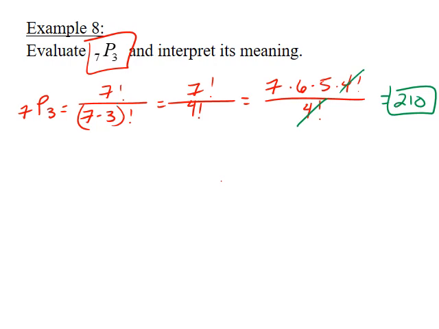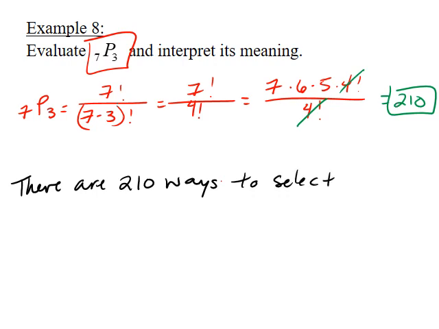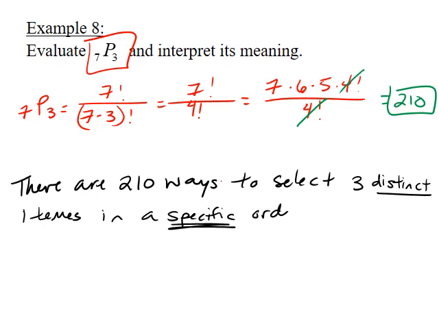What this means is there are 210 ways to select 3 distinct or different items in a specific order, where the order in which these are chosen matters, from a group of 7 objects or items.